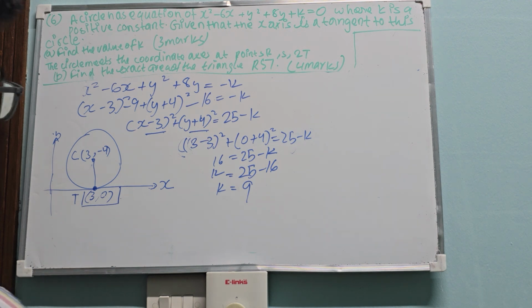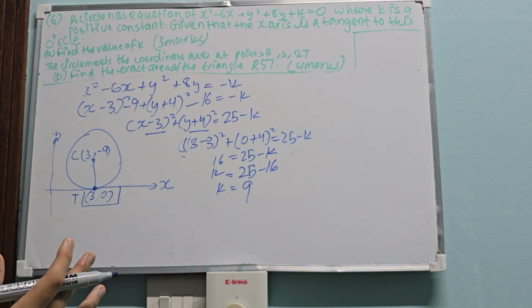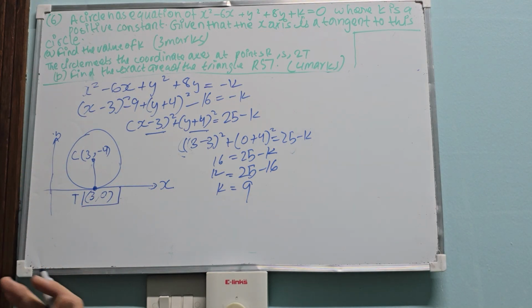Now they are asking, the circle meets the coordinate axis at R, S, T. Find the exact area of RST.